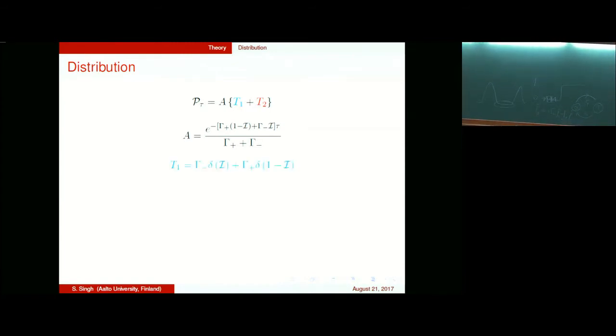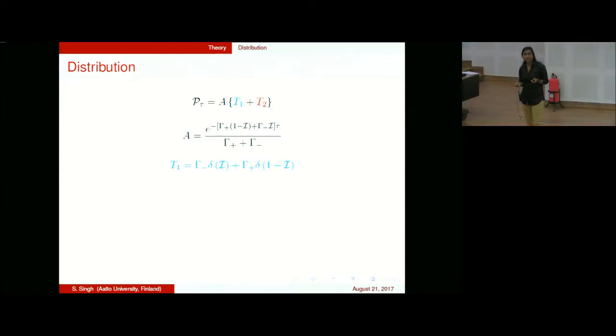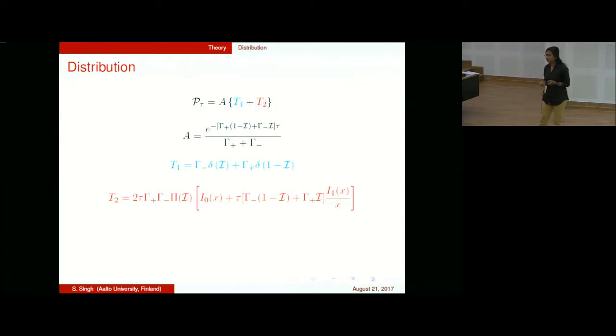The first term is a delta in I and 1 minus I, with gamma minus and gamma plus. This first term is independent of tau, how much time you are averaging, and depends only on the transition rate. But the second term is linear and higher order in tau. In the prefactor of T2, you can already see this product of gammas and tau, so they grow very fast with tau.